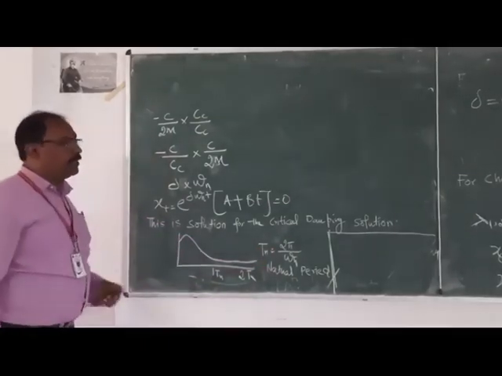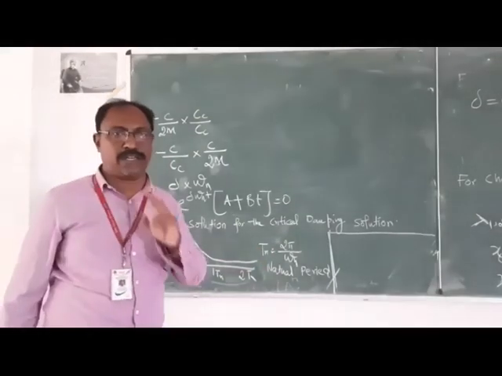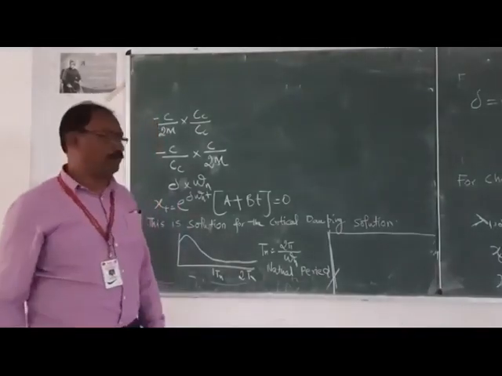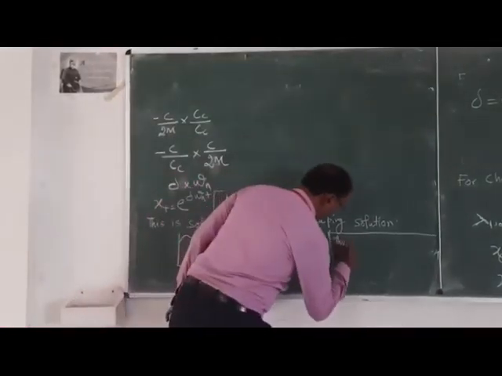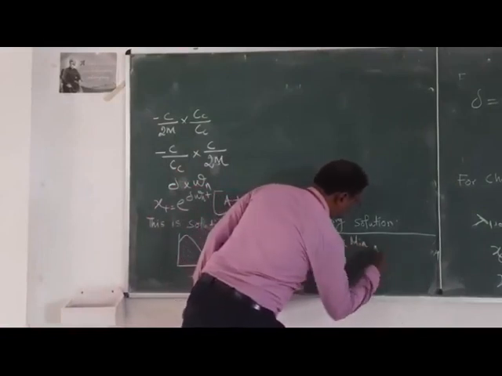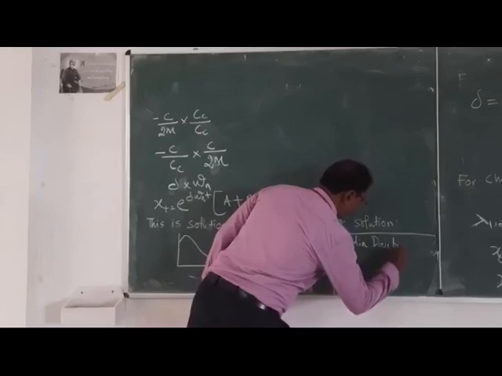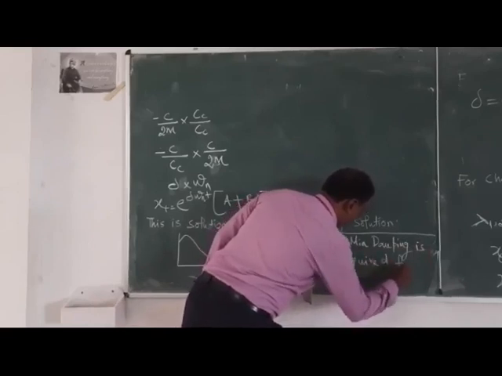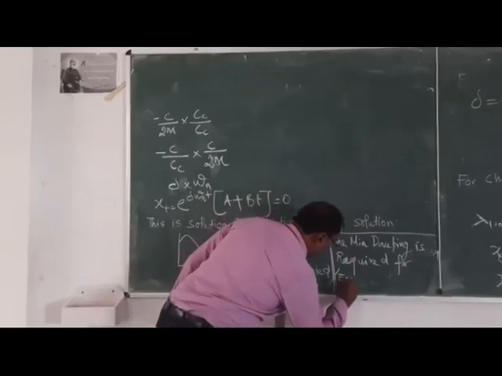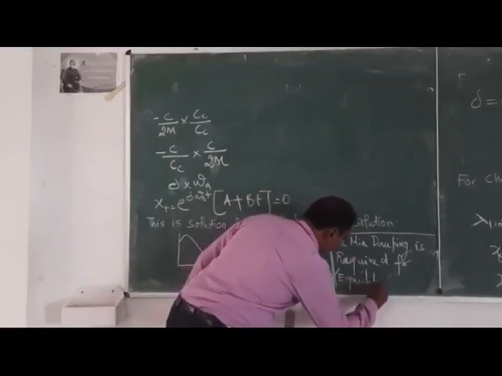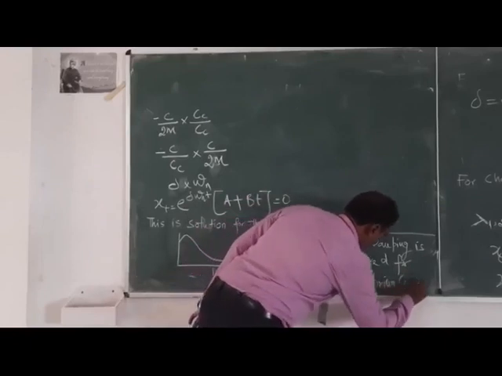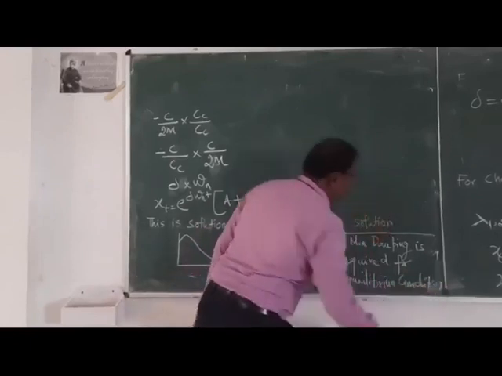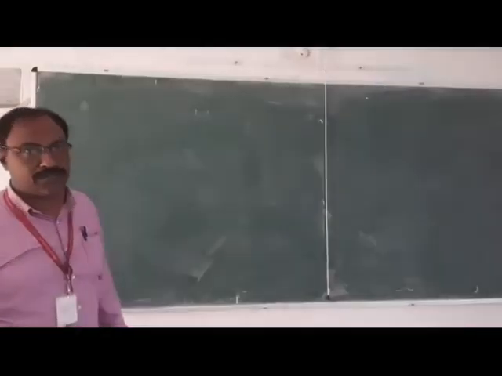So the definition of critical damping is the minimum damping required for the equilibrium condition. Overdamped system is greater than 1.